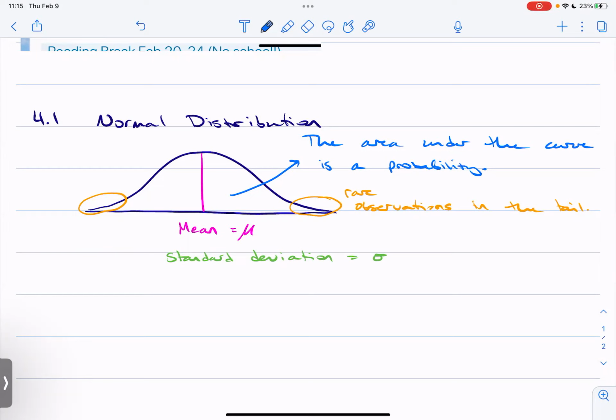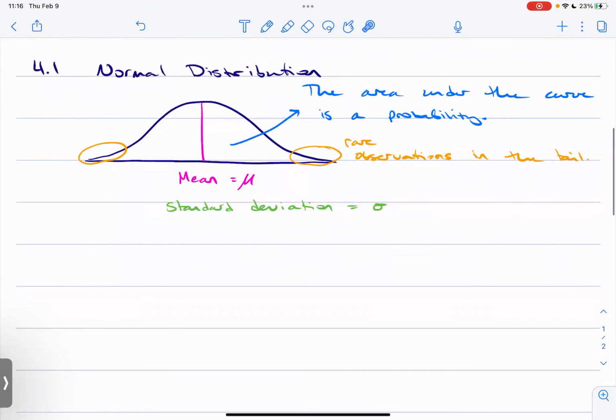Software is doing an approximation at least. If the area under the curve is a probability, then remembering facts about probabilities, the total area under the curve must be 1.